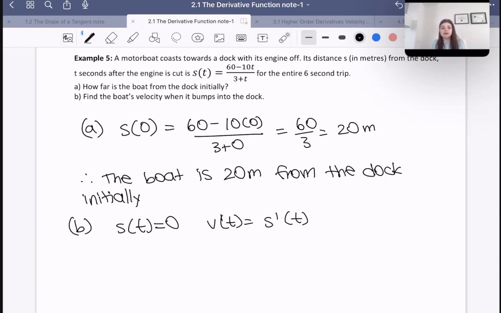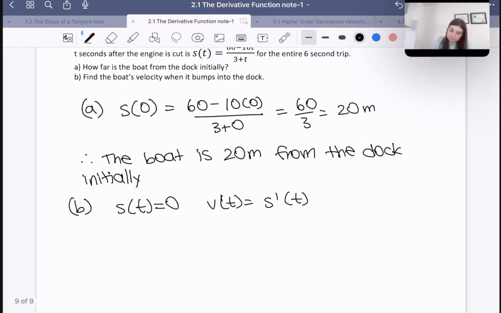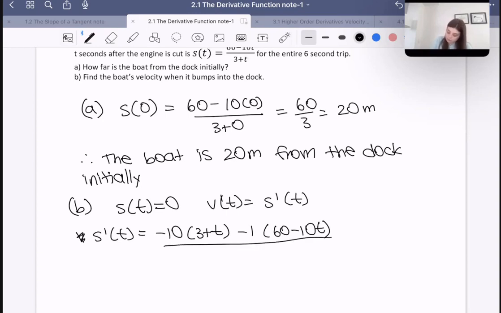So now we're going to have to take the derivative using what we know about our quotient rule. So let's do that next. S prime of t is equal to negative 10 times 3 plus t, minus 1 times 60 minus 10t, and that's all over 3 plus t squared.